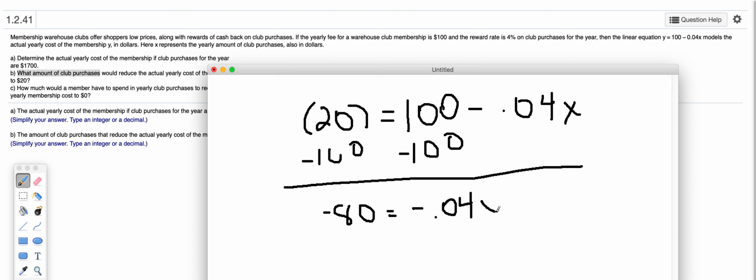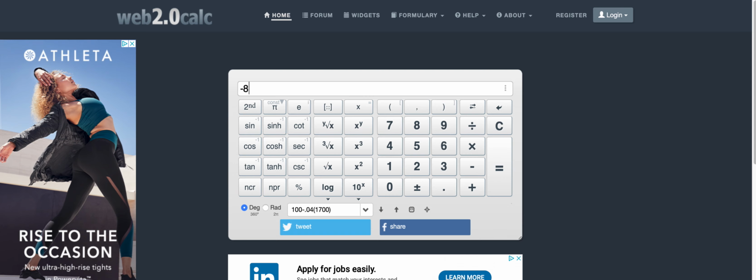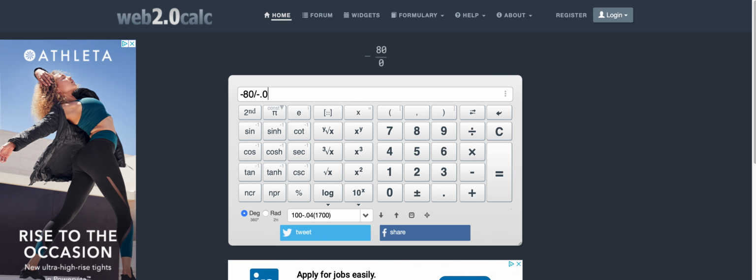So I'm going to go into my Web 2.0 calculator. I'm going to have my negative 80 divided by negative 0.04, and that gives me $2,000. So in order to hit that benchmark of the membership actually only costing me $20, I would need to spend $2,000 on those club purchases.